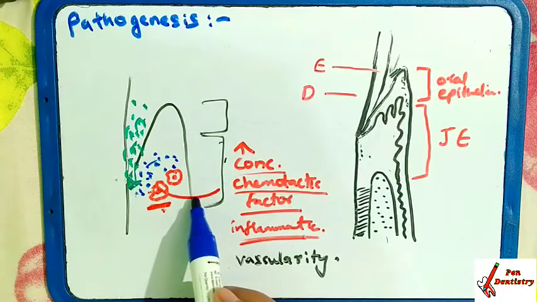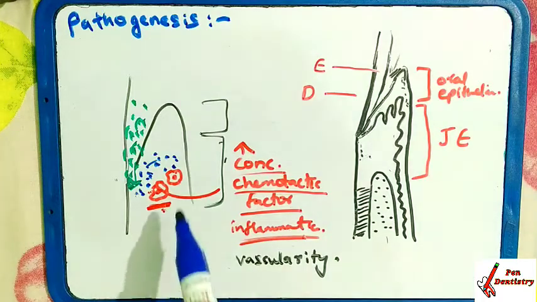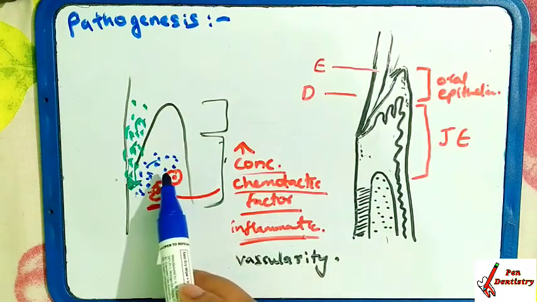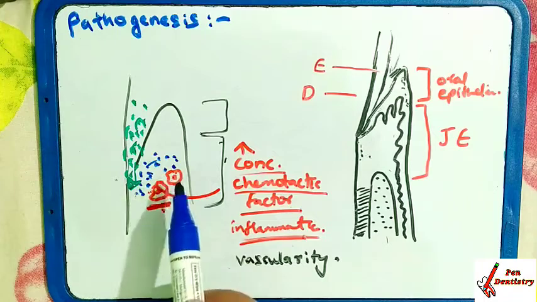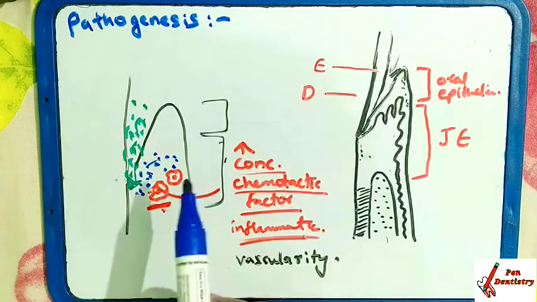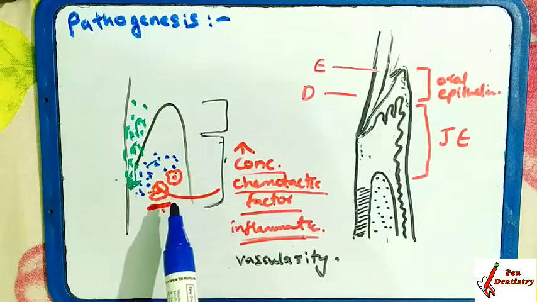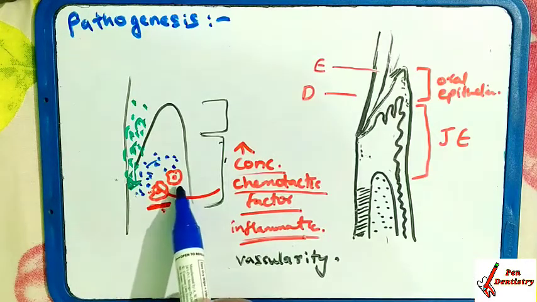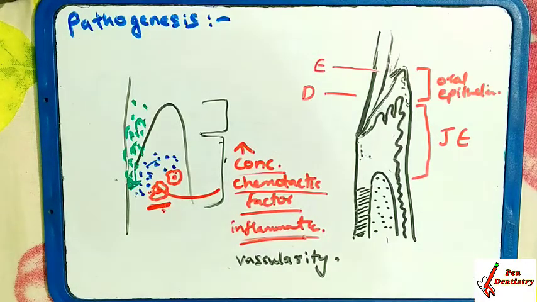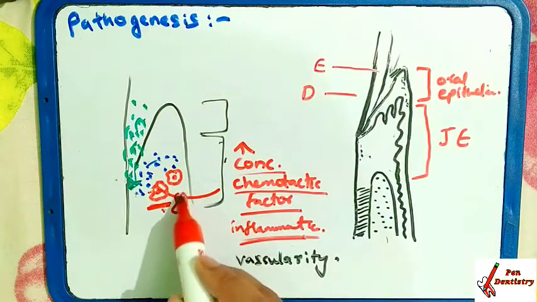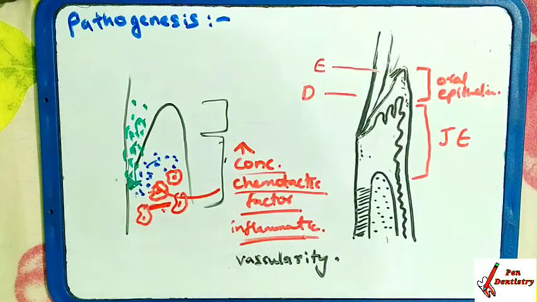Now this layer has become thickened. At this region the neutrophils are partly visible, very few at this moment. They have not accumulated in the junctional epithelium, but they have made a vascularity, and they show complete function, that is, engulfing the bacteria.